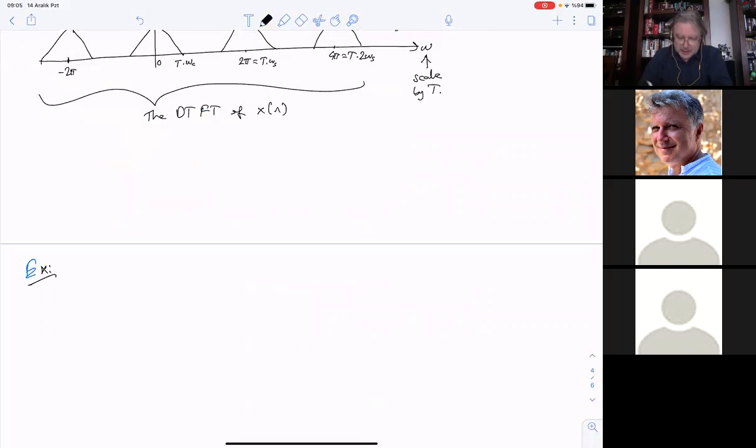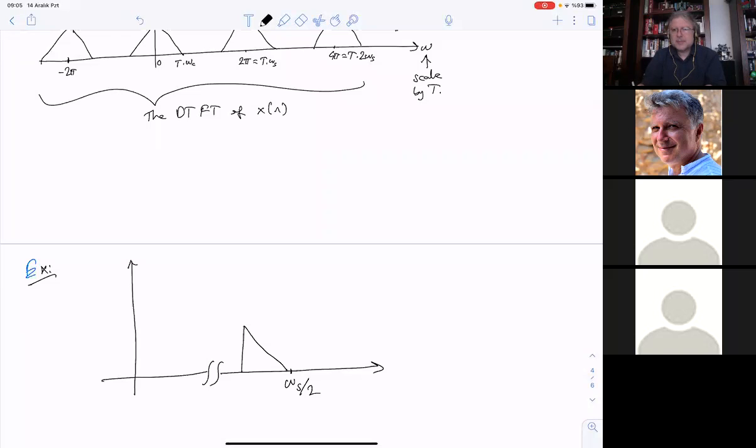In this new example, let us focus on what is happening. Let us assume that this point is omega s over 2, and around omega s over 2, around the Nyquist frequency, let's think of a band-limited signal with the Fourier transform of this shape.